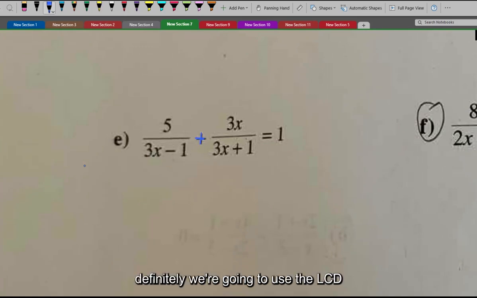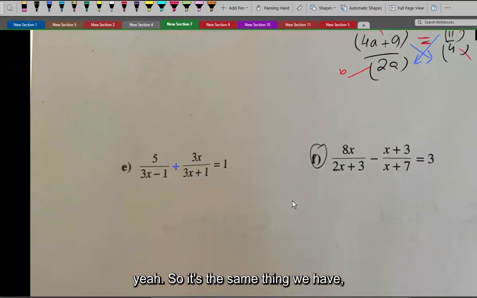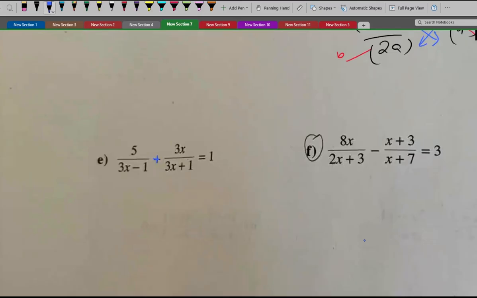So definitely we're gonna use the LCD method. Okay. So it's the same thing. We have A over B plus or minus C over D. So we're gonna take the LCD, that is BD, AD plus minus BC.